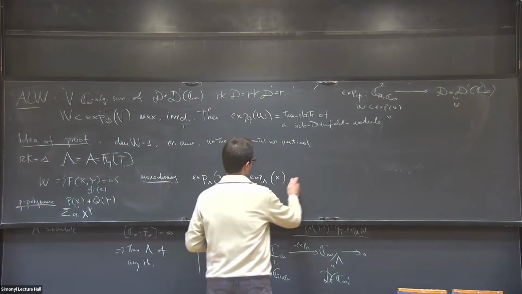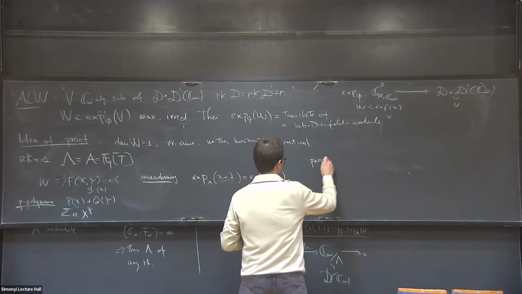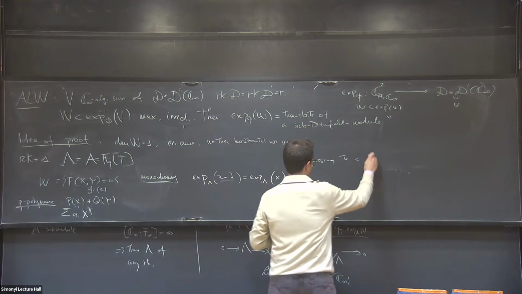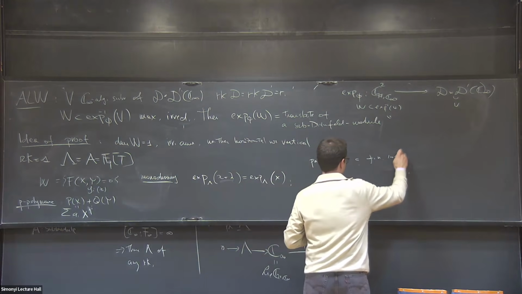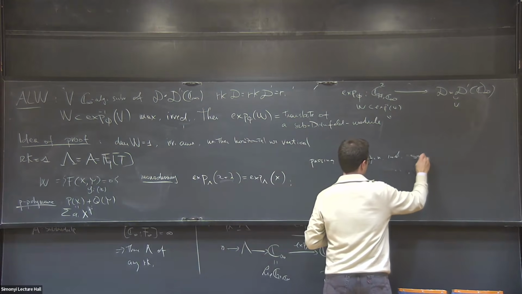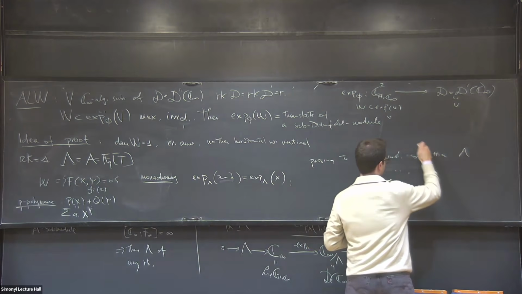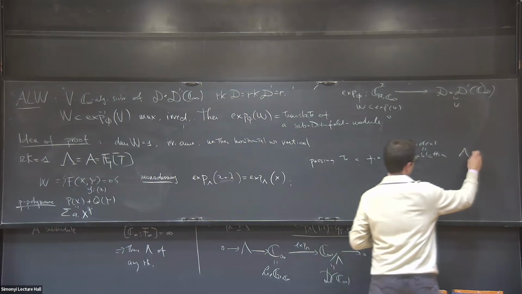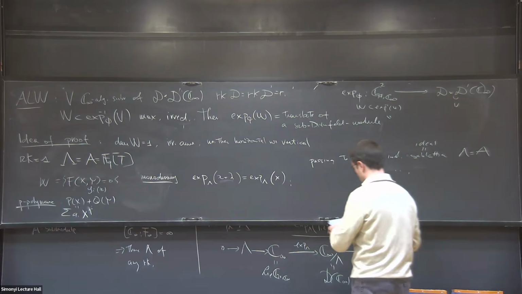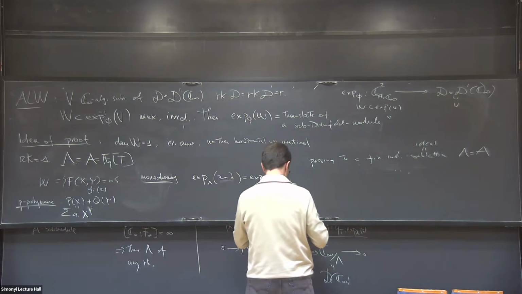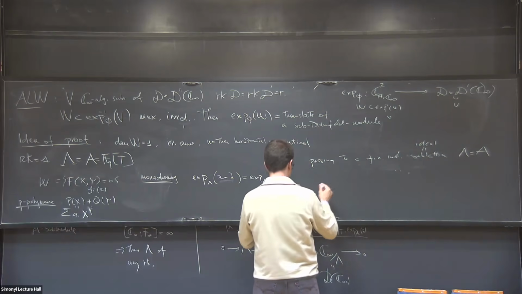So the point is that now, passing to a finite index sublattice of lambda, a sublattice here is just an ideal because lambda equals A, we get that the permutation becomes trivial.